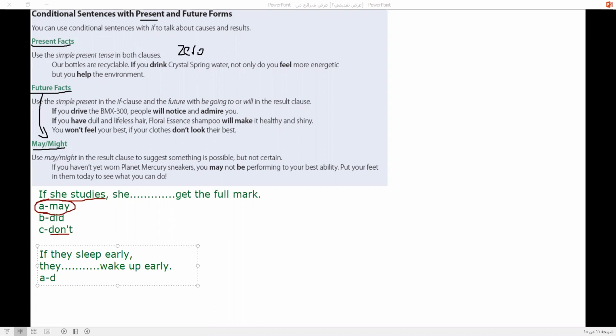What do you think? If they sleep early, they wake up early. Doesn't, will, or couldn't? What do you think? Very good, Ilaf. Very good, Yaqeen.